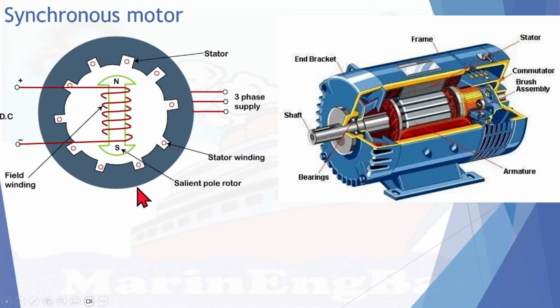This is the basic construction of a synchronous motor. It has a stator and a salient pole rotor construction, the same as a synchronous generator. A synchronous motor and a synchronous generator are almost the same thing, only the device works in two different ways. In the synchronous generator, we drive the rotor using a prime mover and take the output as electrical energy.